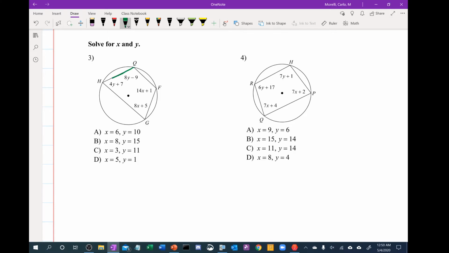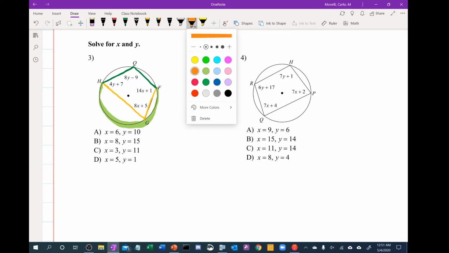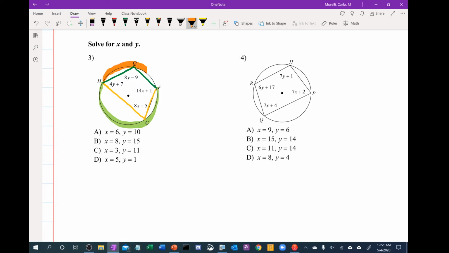This measure of angle Q, plus the measure of angle G, those two angles, if you're looking at the exterior, if you're looking at the arc measurements, so if I'm looking at the arc formed between F and H, and if I'm looking at the opposite side and looking at the arc formed between H and F, the orange line and the green line have to add up to 360 degrees.